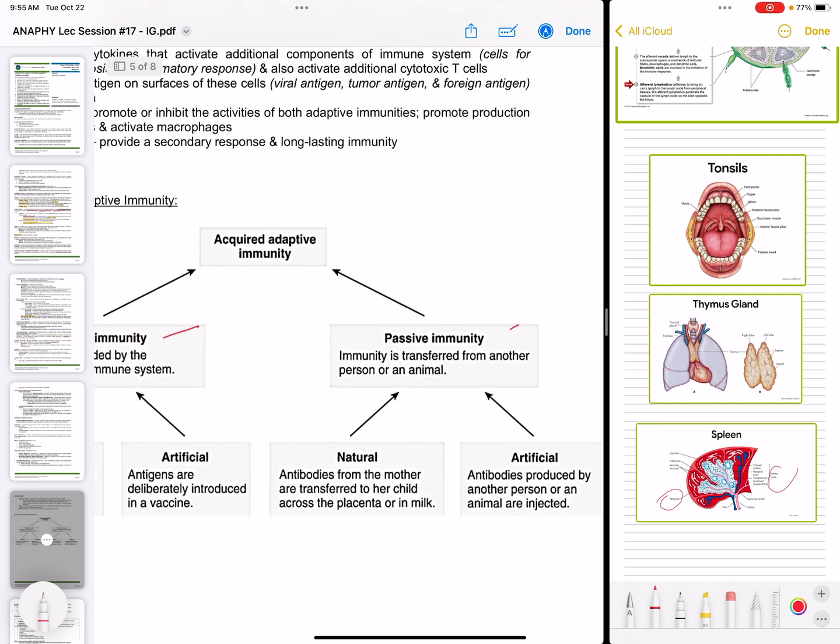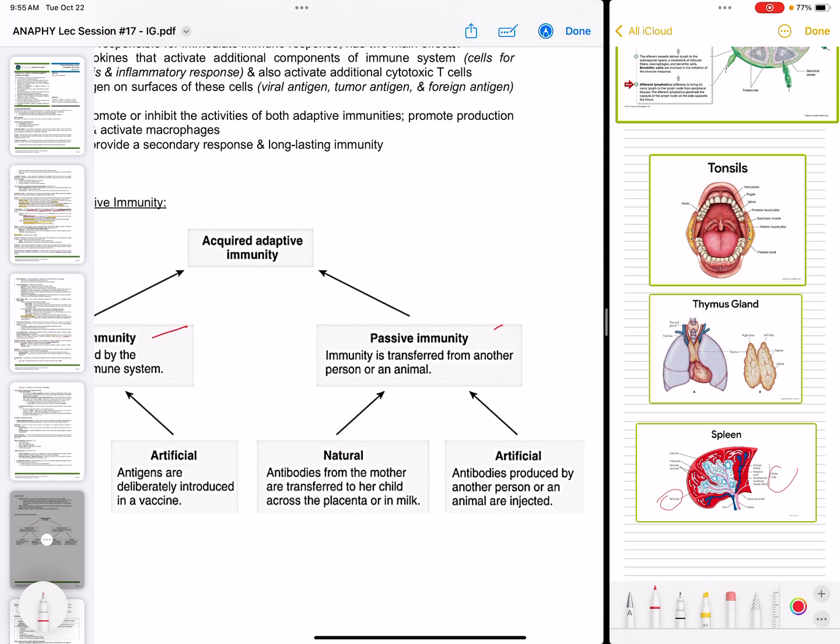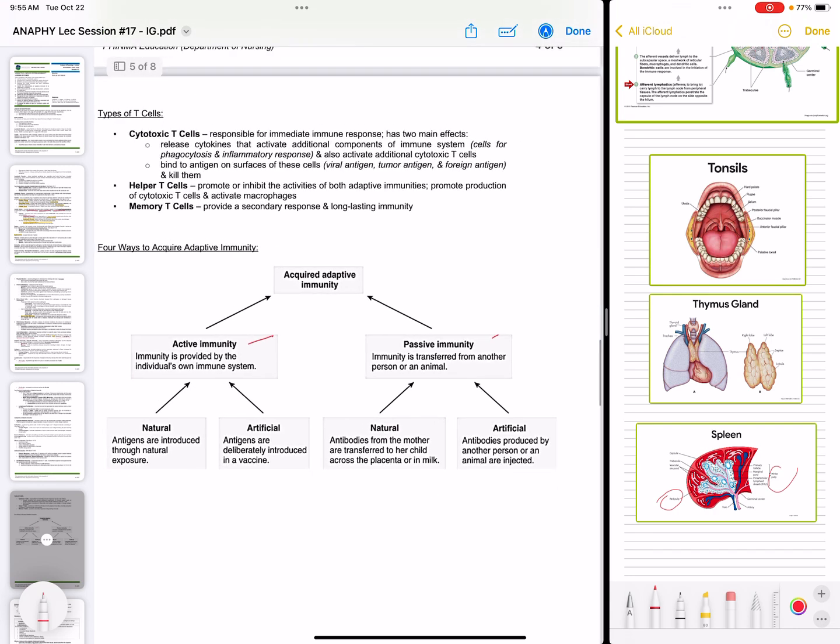Next, we have the passive immunity. Ang passive immunity is transferred from another person or an animal. Okay? So, passive immunity. So, type of immunity na siya that occurs when a person receives antibodies to a disease from another person rather than producing them through their own immune system. So, passive immunity can occur naturally or artificially.